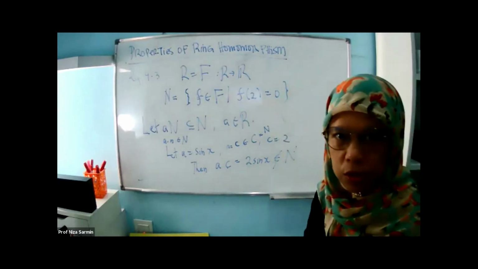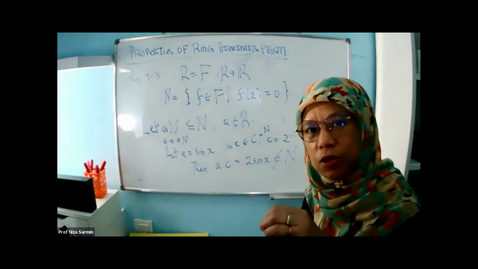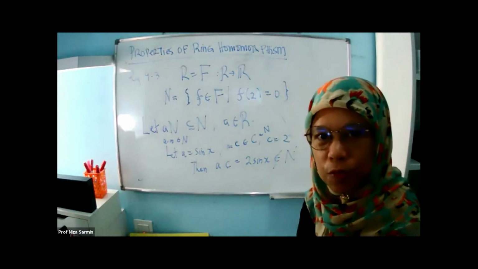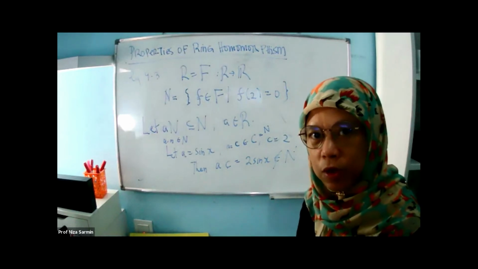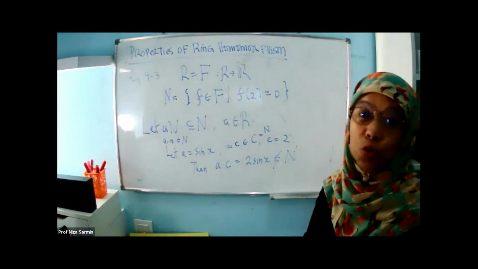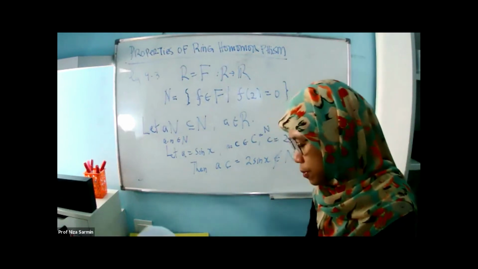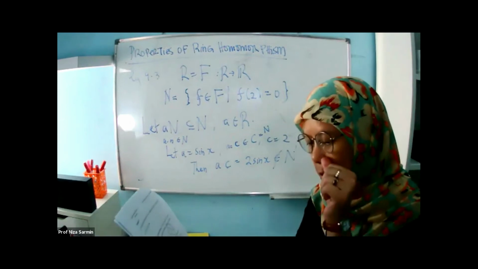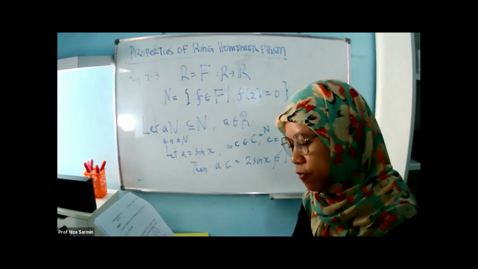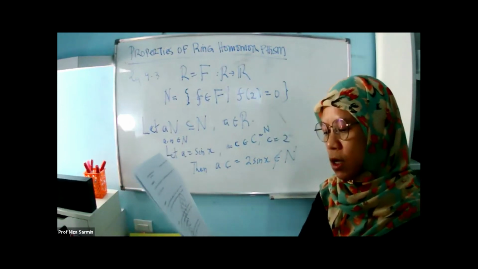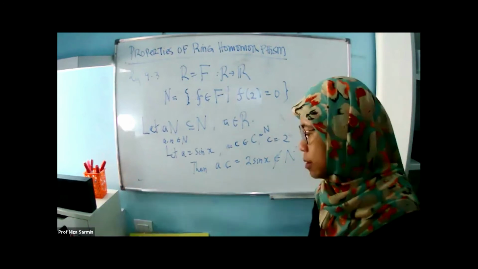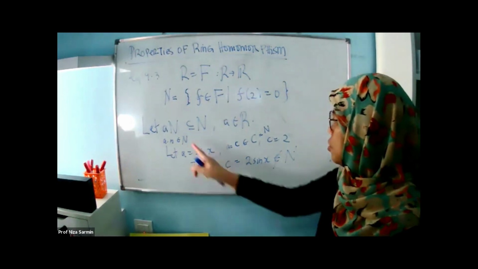F of 2 is 0, meaning if you put in 2, the value is equal to 0, like f(x) equal x minus 2. F of 2 is 0. Okay. So for this one, you have to check whether it's an ideal or not.